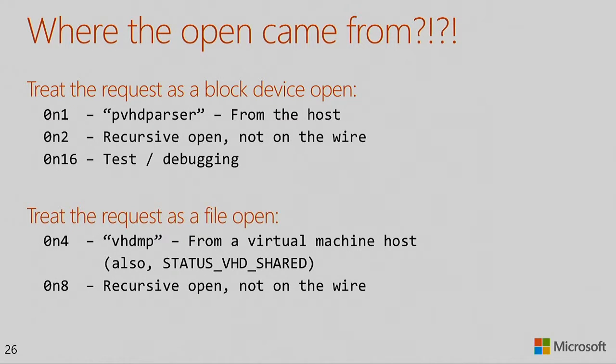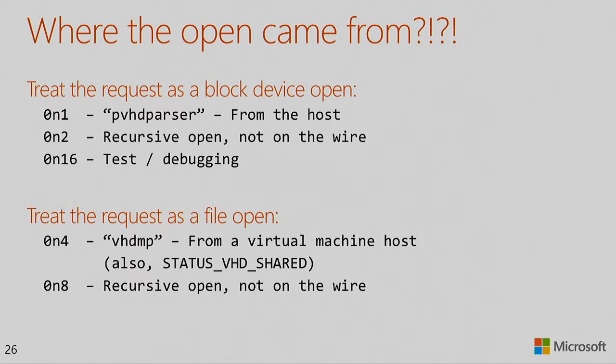In Windows, this is called VHDMP. This is the component in Windows that supports taking the file and turning it into a disk. It translates all the SCSI commands and all that type of stuff. When I say parser, this is what I'm talking about.